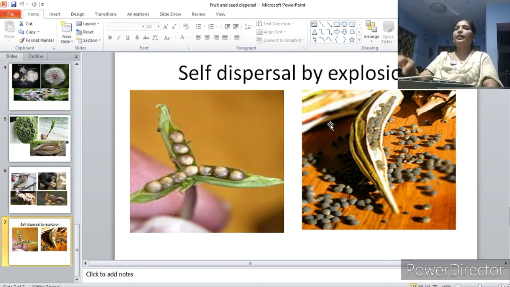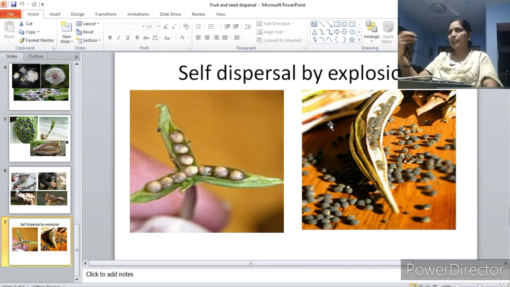No external force is acting on them. So they burst out themselves and spread the seeds around them. That's called explosion. This type of explosion can also be seen in peas and many other vegetables; many other fruits can also disperse by the explosion method.